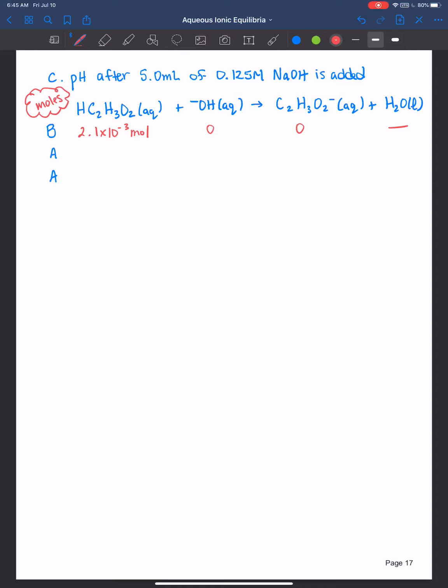All right, so if we've added 5 mLs of a 0.125 molar sodium hydroxide solution, then how many moles have we added? Well, we need to use the molarity and the volume. I converted the 5 mLs into liters.